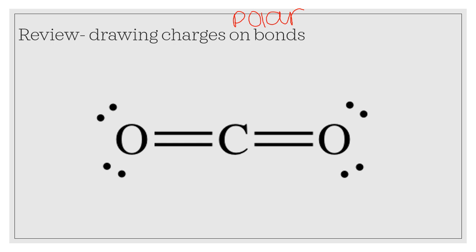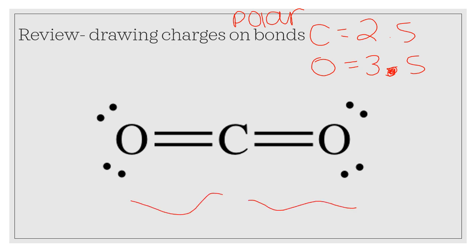If I go to my electronegativity value table, carbon has an electronegativity value of 2.5. Oxygen has an electronegativity value of 3.5. That's supposed to be a decimal. Oops. So this is a polar bond, and this is a polar bond.